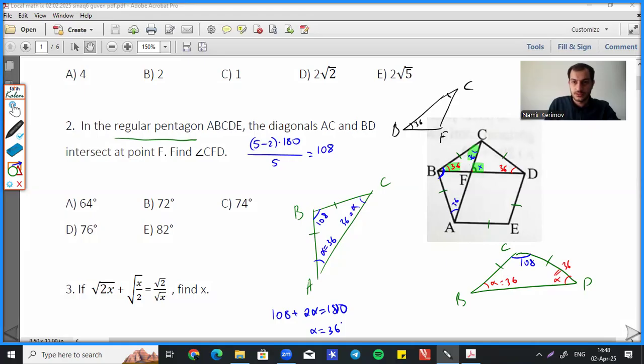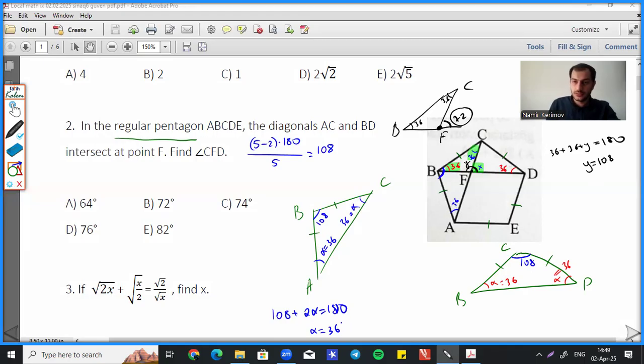Their sum will be 72, which is the exterior angle of angle BFC. Or you can find the third angle, let's say y here: 36 plus 36 plus y is 180. So y will be 108.